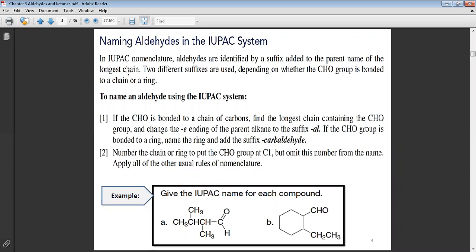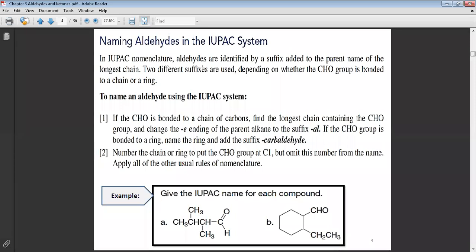That means we have the parent name, the root name, of the longest chain, and then we add the suffix at the end of the name. And we have two different suffixes.